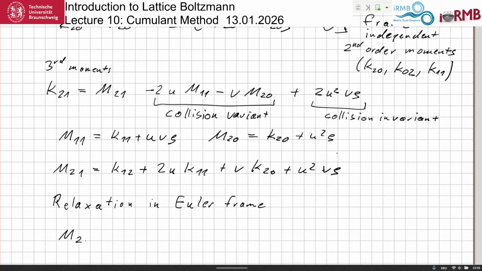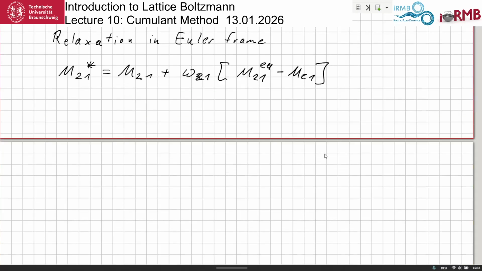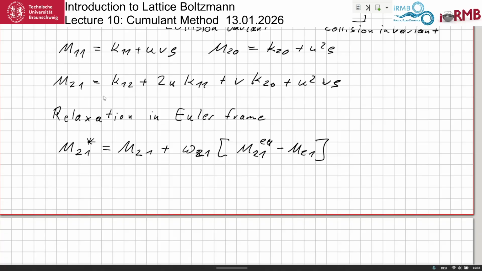Here we have M21 after collision is M21 before collision plus relaxation rate omega 21 times (M21 equilibrium minus the state before the collision). So now we'll replace all of them. There's a lot of writing going on, and I don't have any page left, so I go to the next page. So we'll have to replace this thing here by all of this, unfortunately.